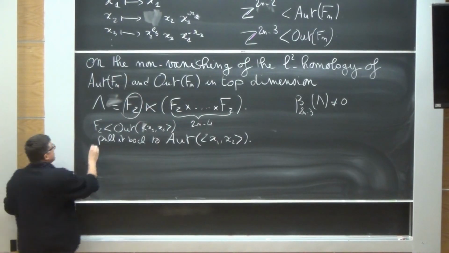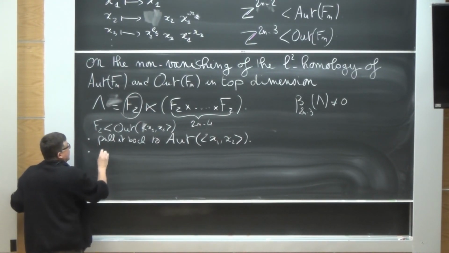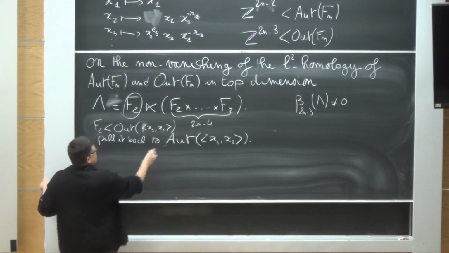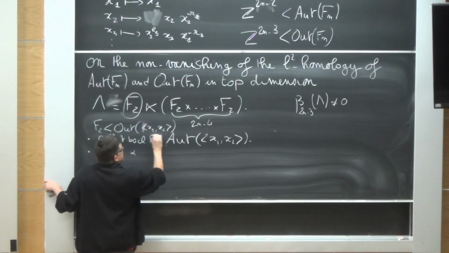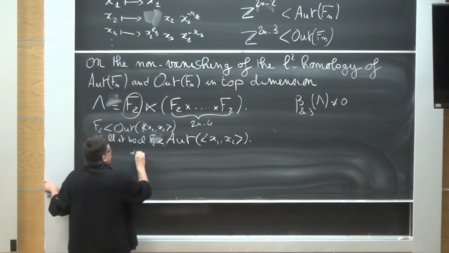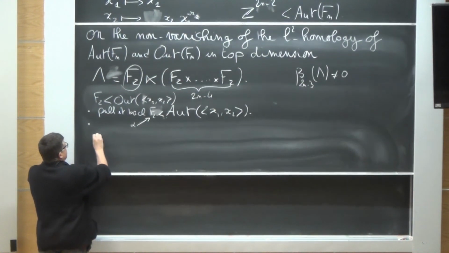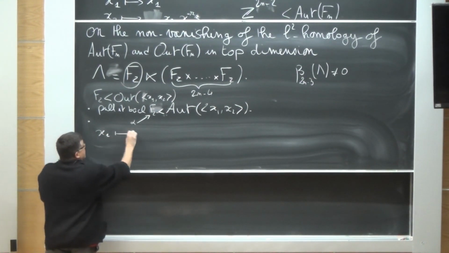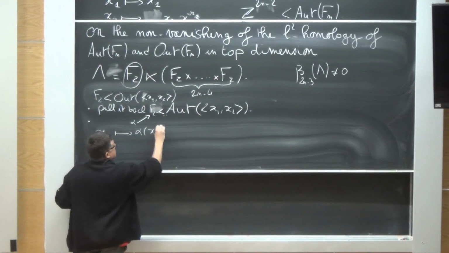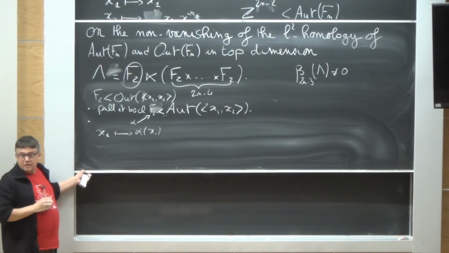Okay? And then you pick an alpha here, an automorphism on these two generators. And you define your automorphism this way. x1 is sent to alpha x1. Okay?